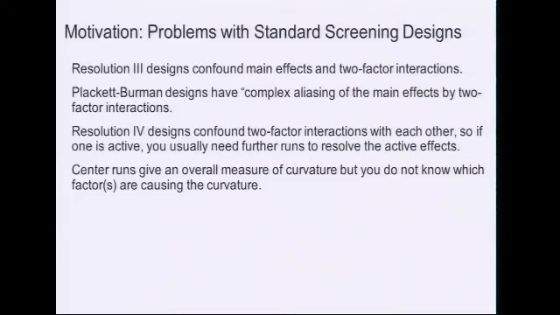One is the resolution 3 regular fractional factorial designs. And these designs are problematic because they confound main effects and two-factor interactions. And therefore, if you get a string of active effects from some analysis, you might have the embarrassing problem of having the three active effects be A and some interaction string, B and some interaction string, and C and some interaction string.